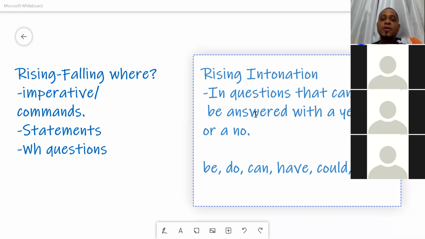Is your name Alberto? Yes. Are you crazy? Yes. Where do you want to go? Yes. You see? So that yes doesn't go there at the end because it's a different question. When you ask a question with auxiliaries, you can answer with a yes or a no. When you ask a question with WH words, you cannot answer with a yes or no because you have to give information. And these are information request questions when you use the WH.